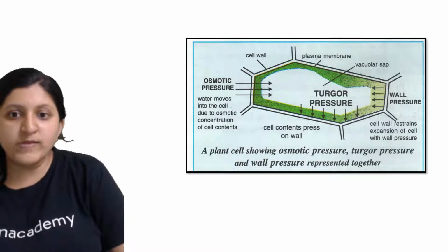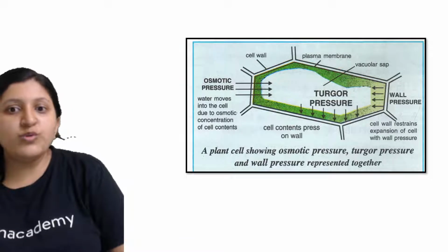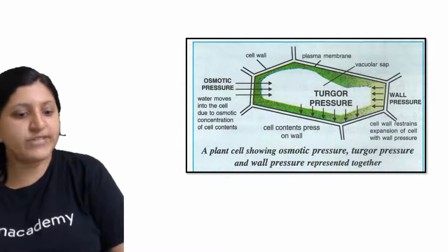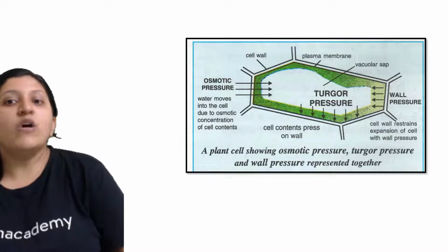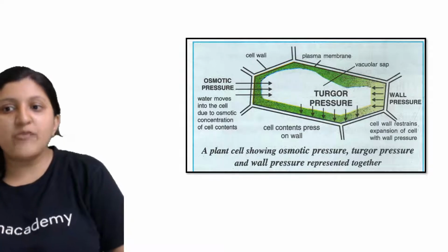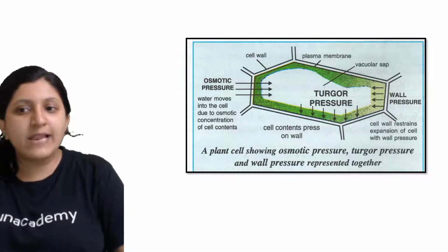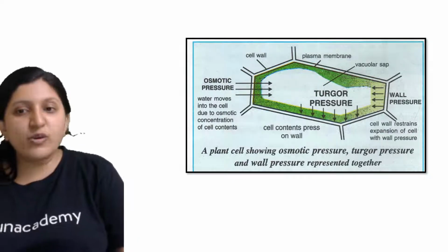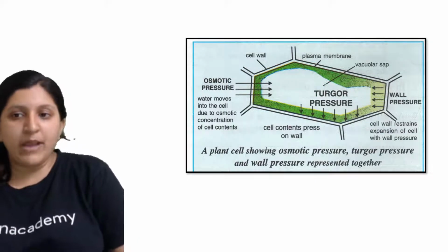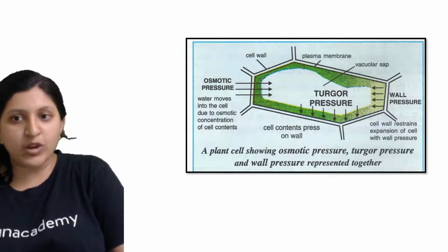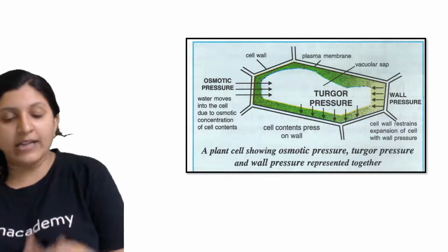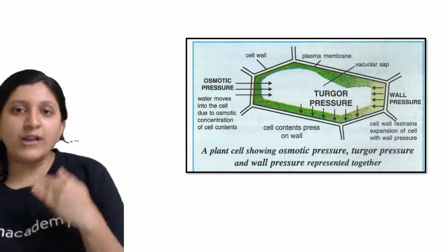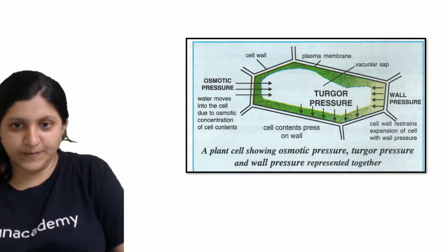Water moves into the cell due to the osmotic concentration of the cell content, so osmotic pressure is also there. The cell wall restrains the expansion of the cell with the wall pressure. So there are three forces acting, the turgor pressure, the wall pressure and the osmotic pressure, so that not much water entry can occur.